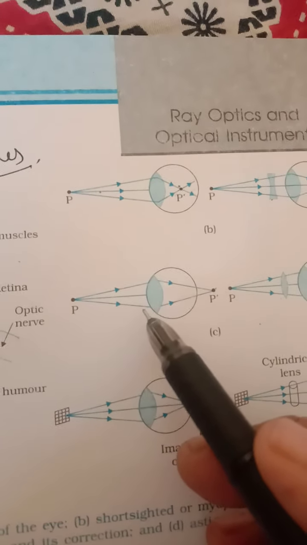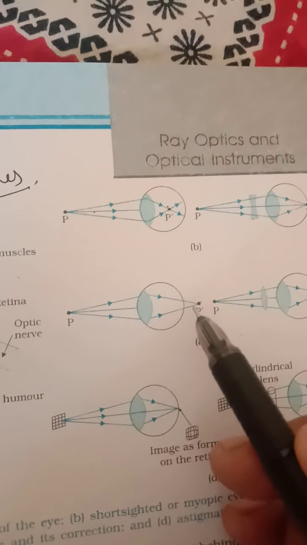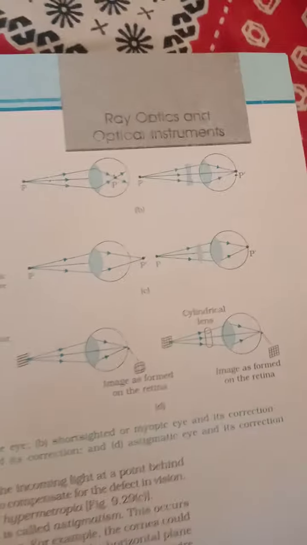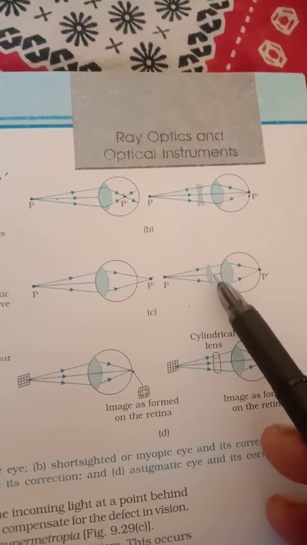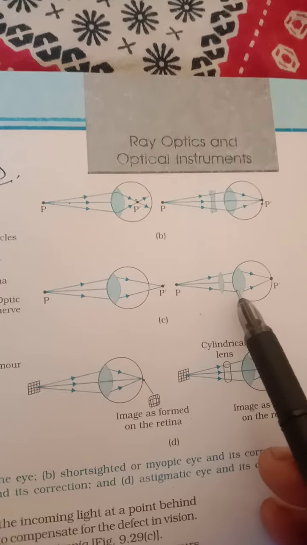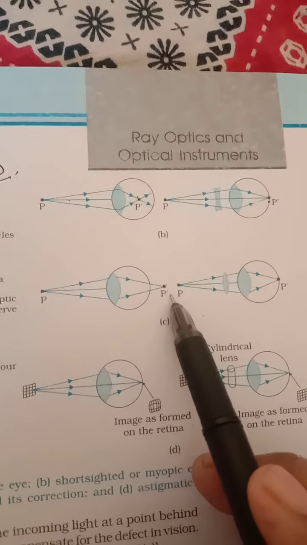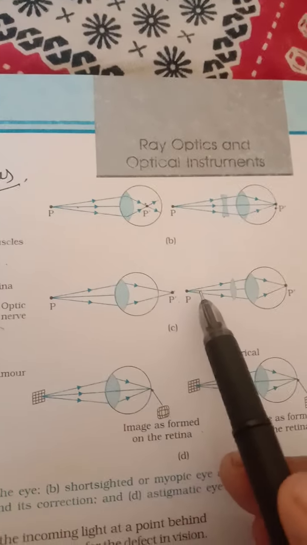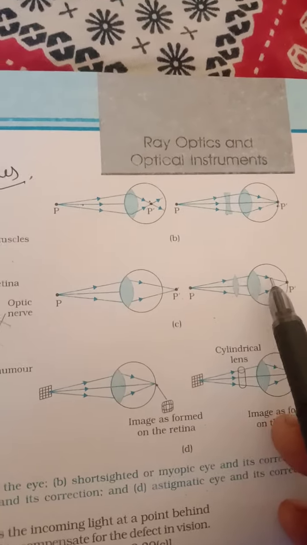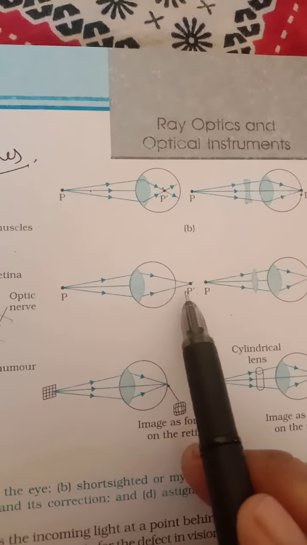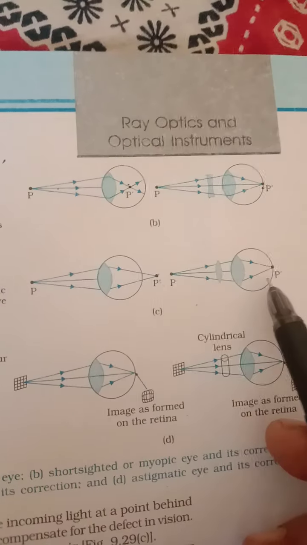So only a few amount of light will pass to the retina. As we know, a converging lens is what? Convex lens. So if we put the proper power of convex lens between the eye lens and the object, the maximum amount of light can be transferred from the object to the retina, and the focus that was made behind the retina will be made at the retina.